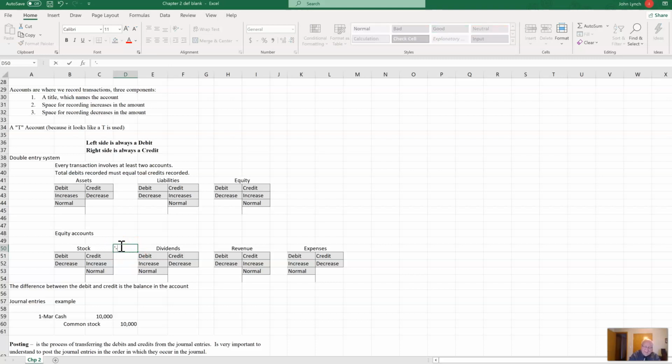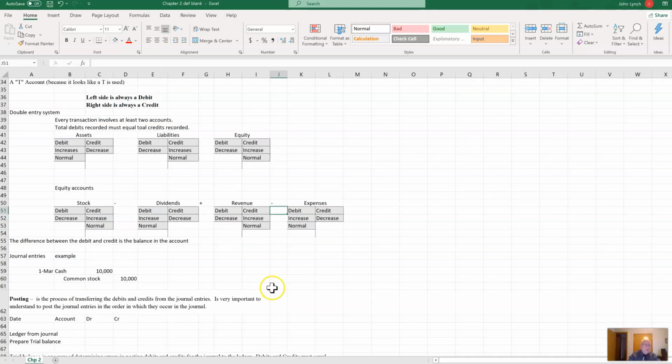I'll do it this way, okay? And then revenue will carry a credit balance because it normally increases the equity account, and expenses carries a debit balance because it normally decreases your equity account. Okay, so that's a brief summary of theirs.